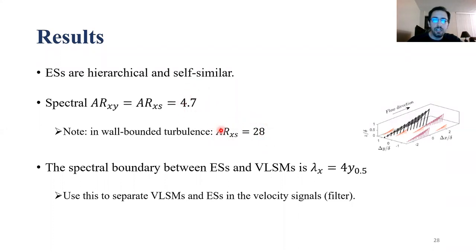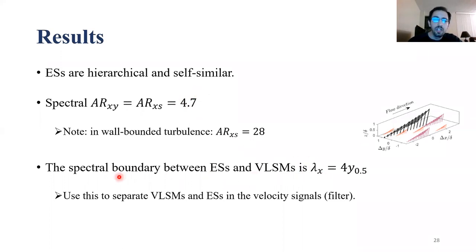So these long eddy structures are, in fact, in accordance with the notion of packets of eddies, where a large number of eddy structures form a packet of eddies in the streamwise direction. While this relatively small aspect ratio in the jet flows suggests that eddy packets probably do not exist in jets.